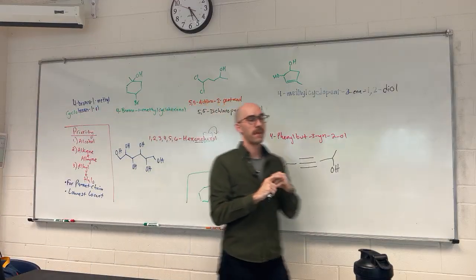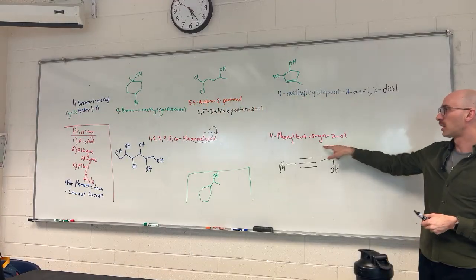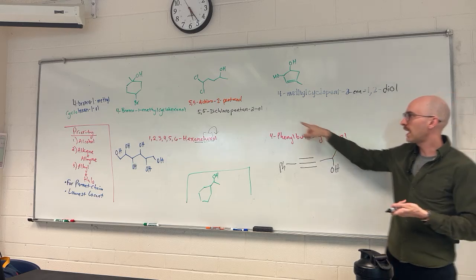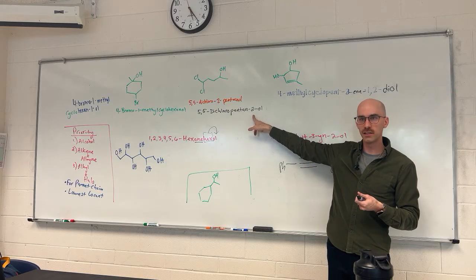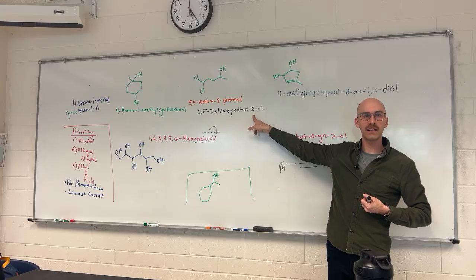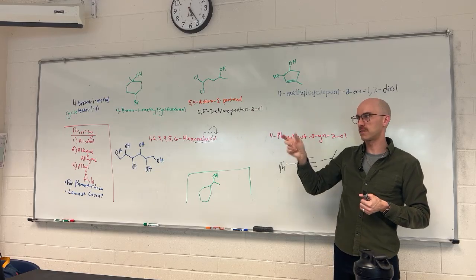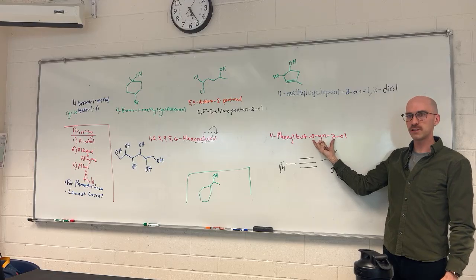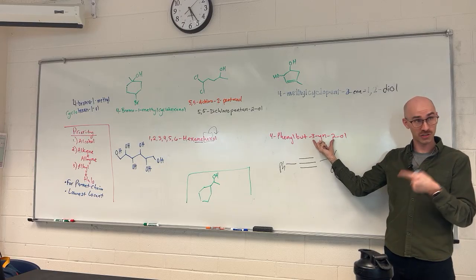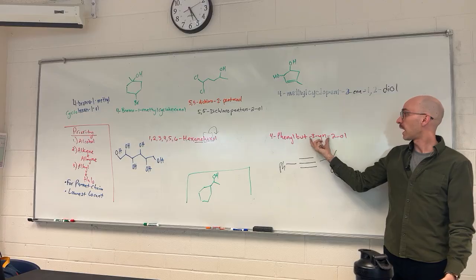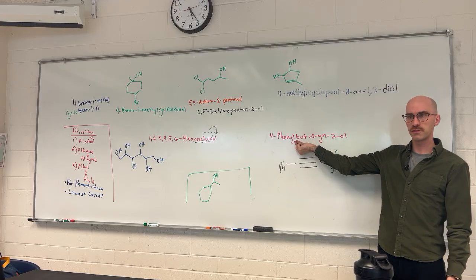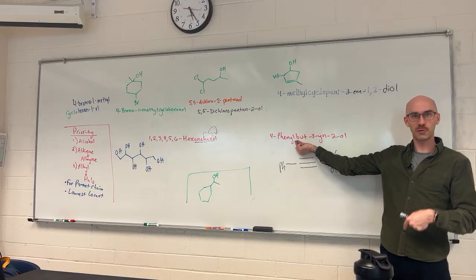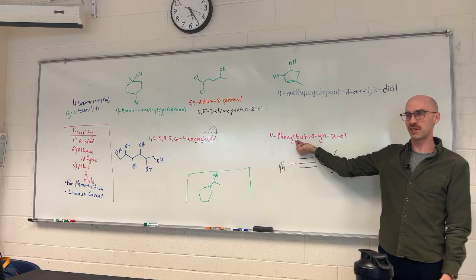For phenylbut-3-yn-2-ol, this is an instance that really emphasizes why IUPAC wants the locant directly before the functional group that it's describing. I would not be able to take both of these locants, which are describing different functional groups, and bring them both in front of the root, because then it would be confusing which group I'm describing at which position.